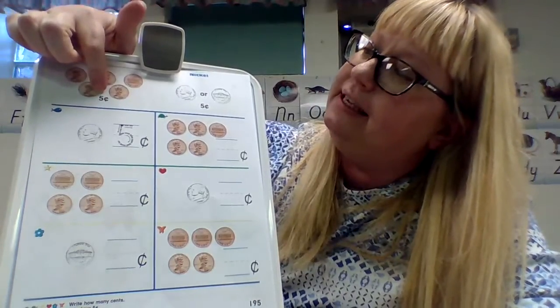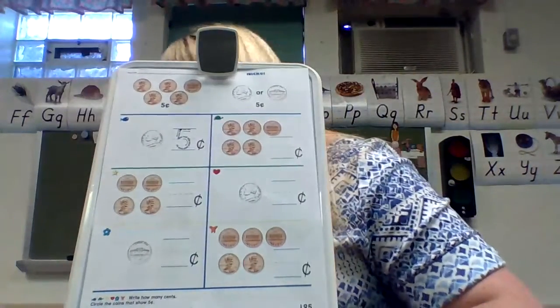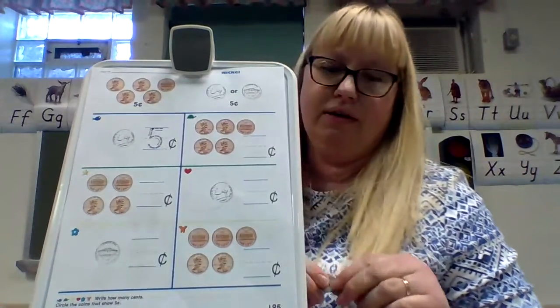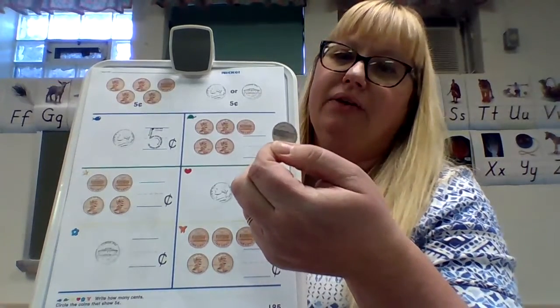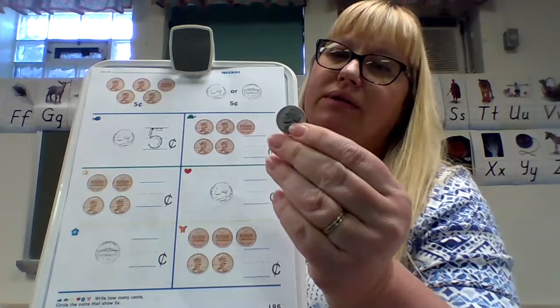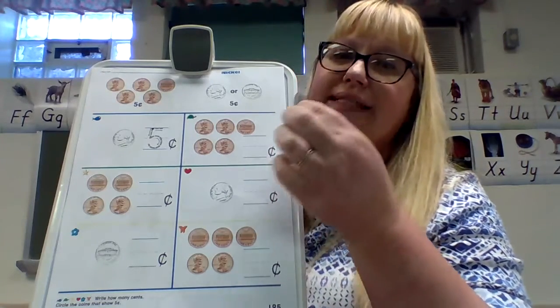They showed you one side of the nickel. You should have a whole page of those. Don't get it confused with a quarter. Nickels and quarters, they're a little different. A nickel is 5 cents.